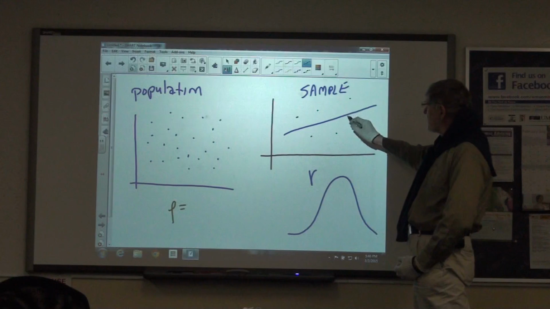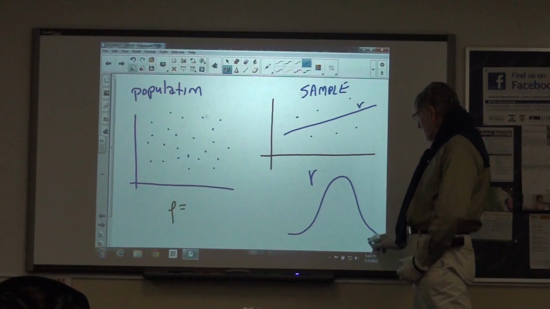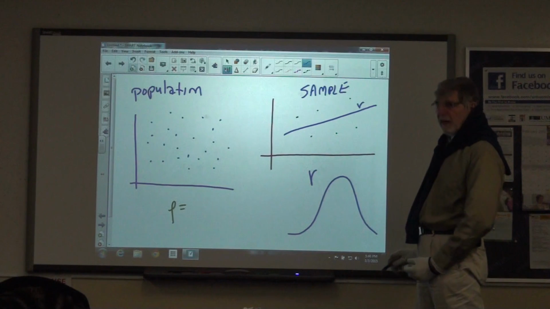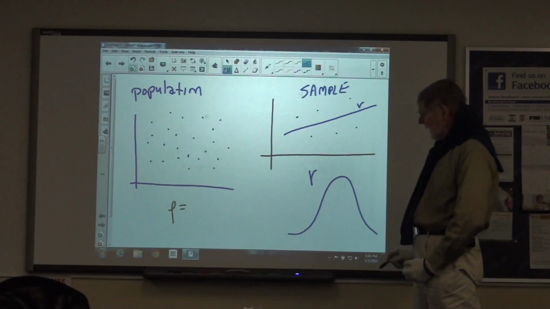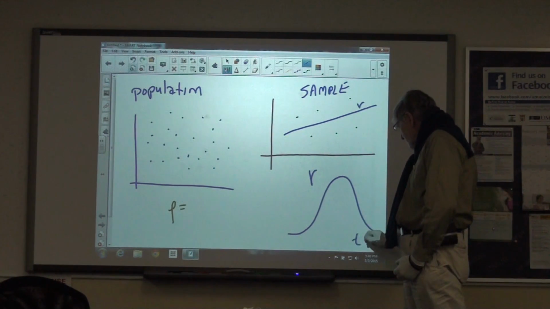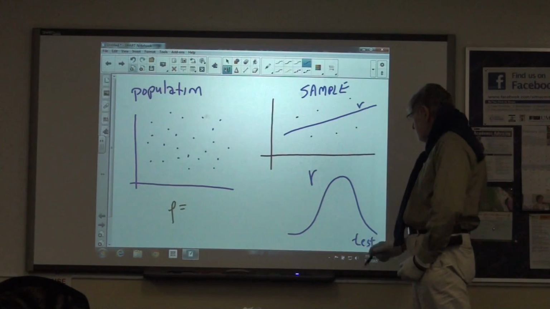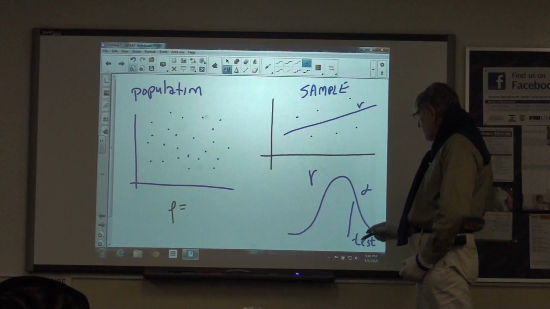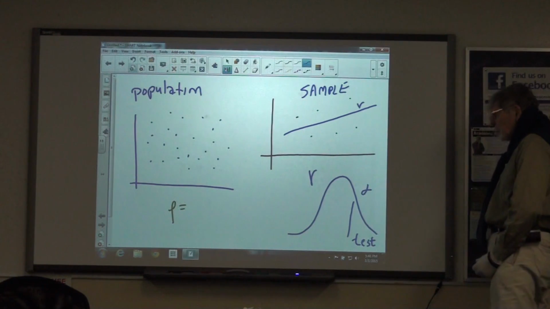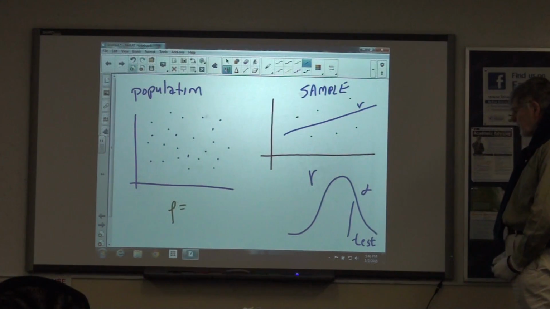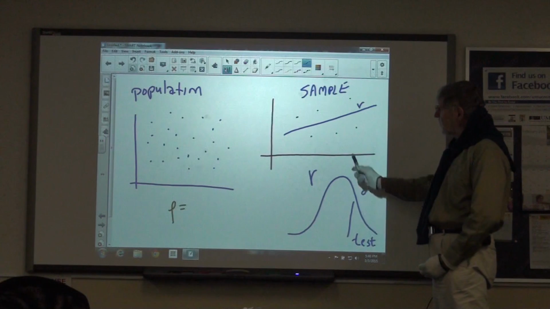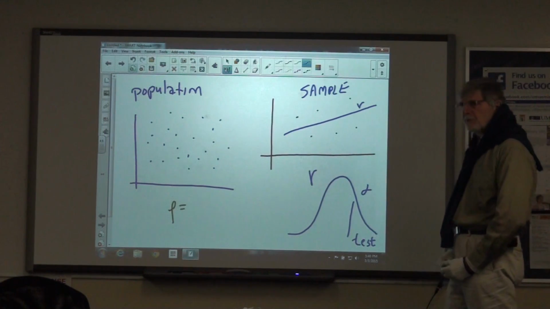So you take your sample R, convert it to a t-value, and plot your t-test someplace on this distribution of R's, and then you take your alpha that you're permitted to have, and you see whether your R value is going to allow you to project this back onto the population.